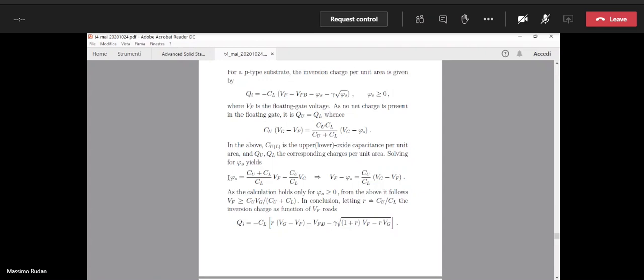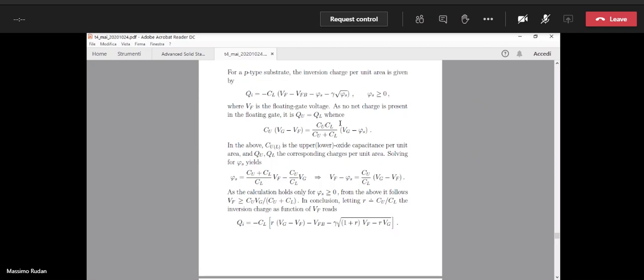Then we extract phi s from this equation. Phi s is a linear combination of the floating gate voltage that is unknown and Vg. From this equation, we can also extract the drop Vf minus phi s. So Vf minus phi s is replaced here, and the square root of phi s goes in here.